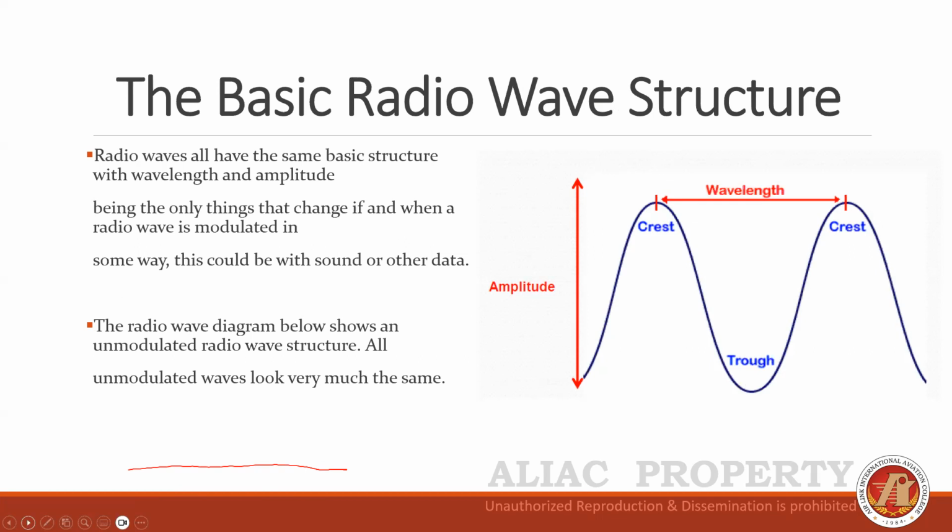So if you also see here, there's a basic radio wave structure. Radio waves all have the same basic structures with the wavelength. When we talk about wavelength, it means the travel distance from one point to another. And then the amplitude.